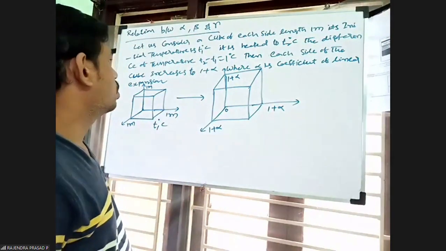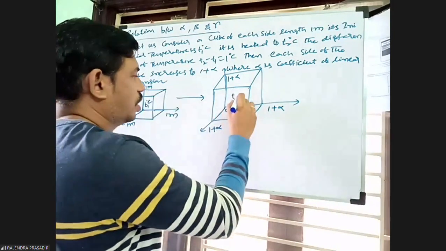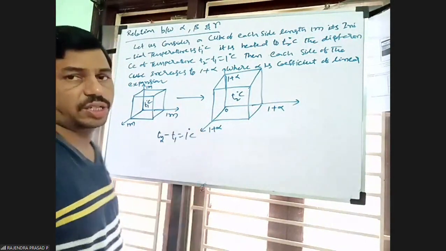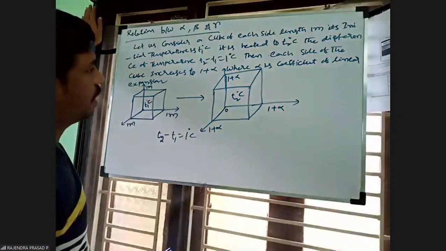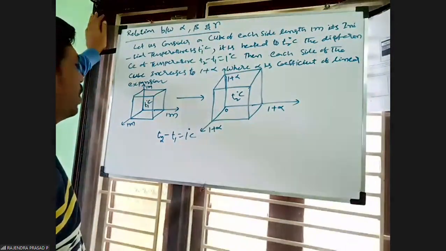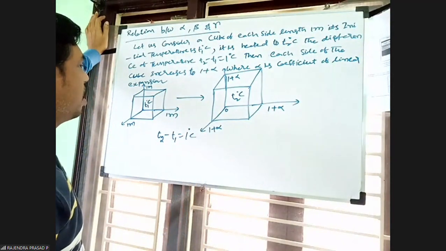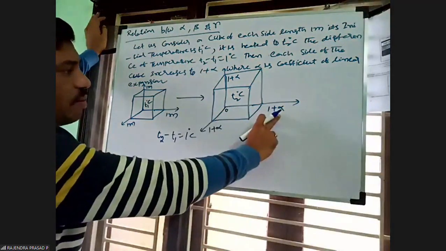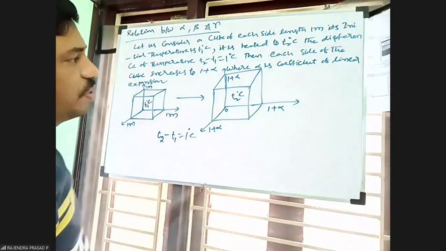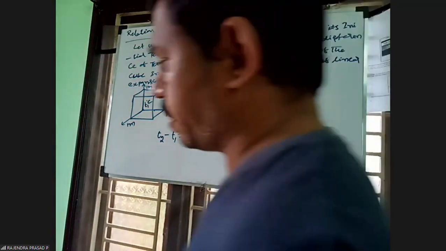Its initial temperature is T1 degrees C. It is heated to T2 degrees C. The difference of temperature T2 minus T1 is equal to 1 degree C. Then each side of the cube increases to 1 plus alpha: length 1 plus alpha, height 1 plus alpha, breadth also 1 plus alpha, where alpha is the coefficient of linear expansion.